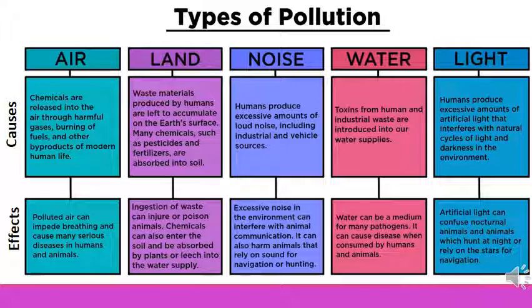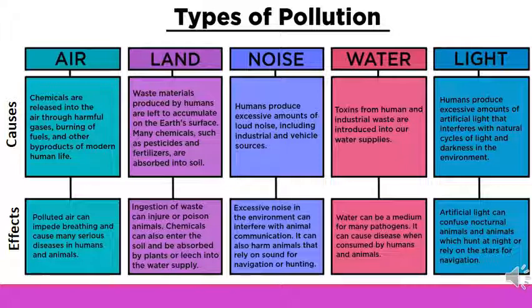Chemicals that are released into the air through harmful gases, burning of fuels and other byproducts of human life like insecticides, pesticides, etc. cause air pollution. Air pollution affects human breathing and causes many serious diseases in humans, animals and plants.